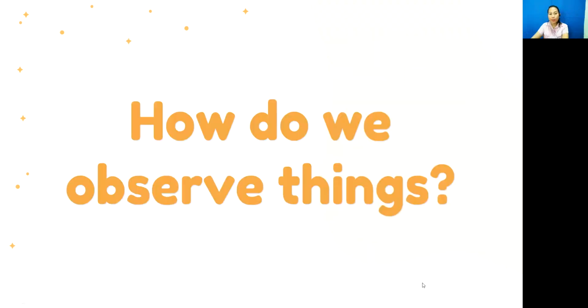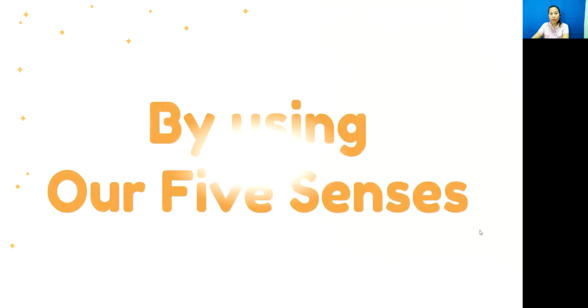So how do you observe things, or how do you look at things? By using our 5 senses. What are the 5 senses? So let us first describe the 5 senses.